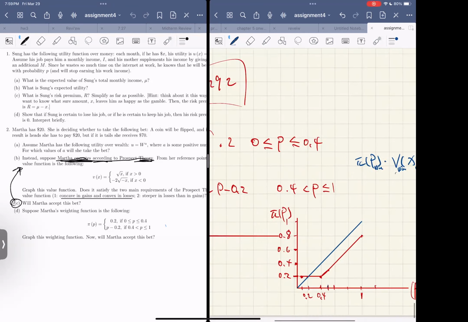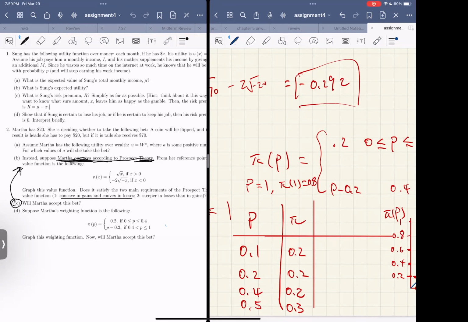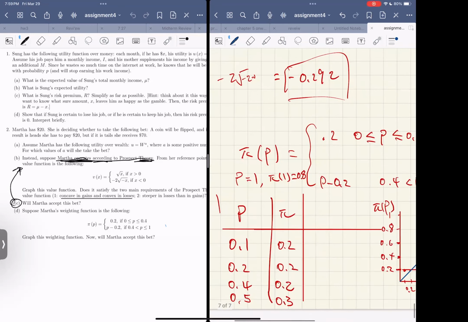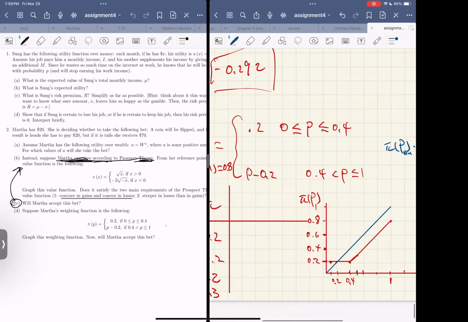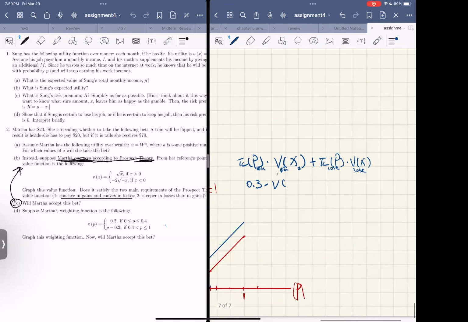So p is 0.5, it's 0.3. So 0.3 times V of winning, which is 70, plus 0.3 times V of negative 20.